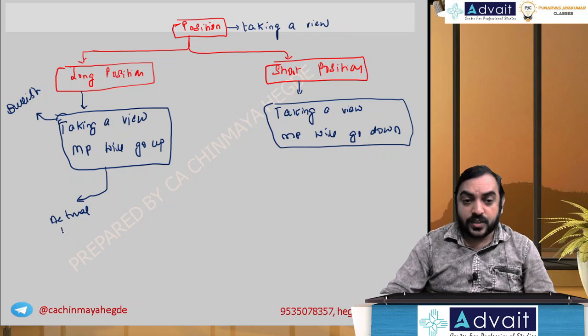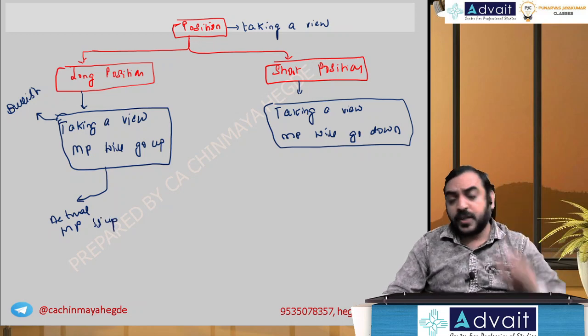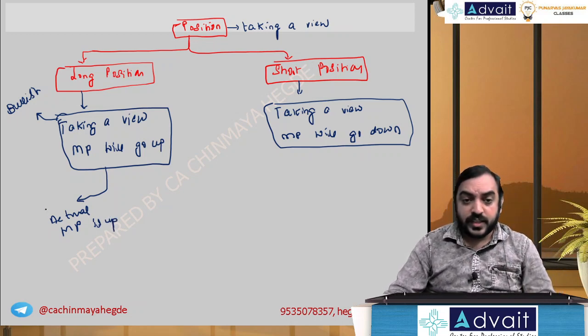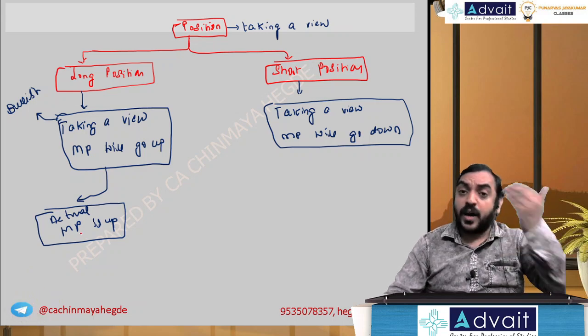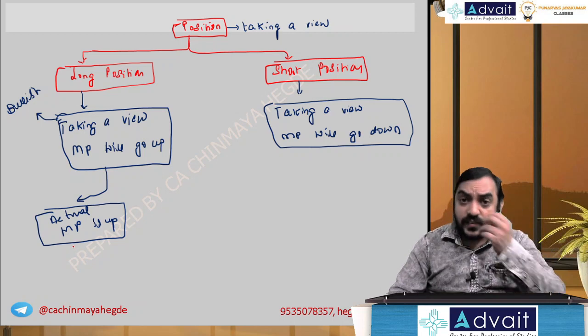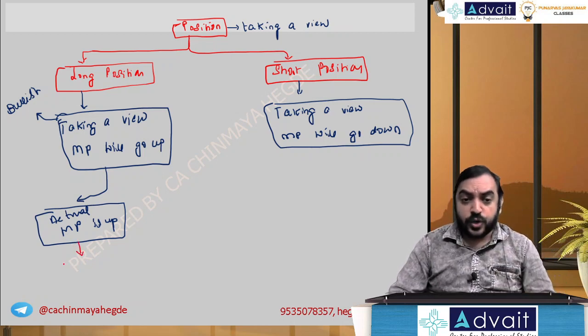That means your expectation came true. Therefore, you make a profit. Your expectation was that the market price would go up, and yes, it did, and therefore you make a profit. How much profit, we will come to later.